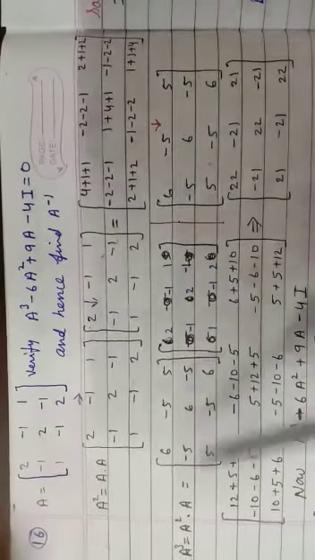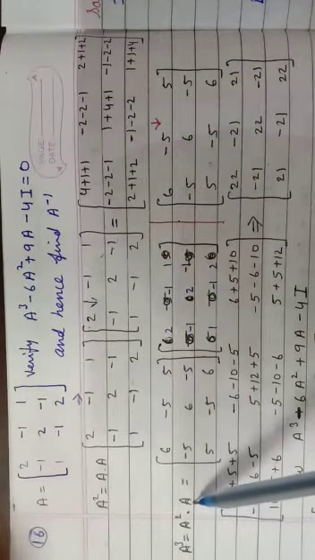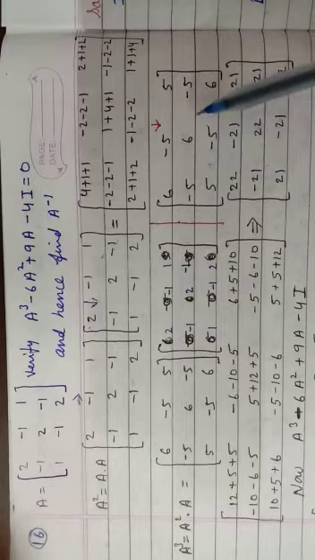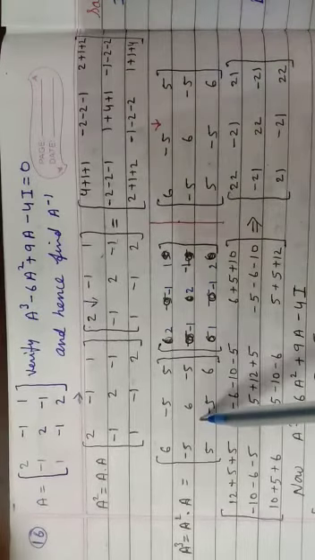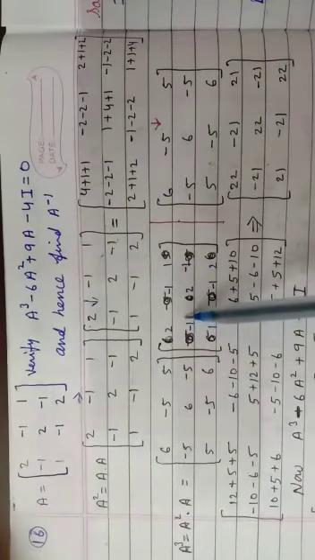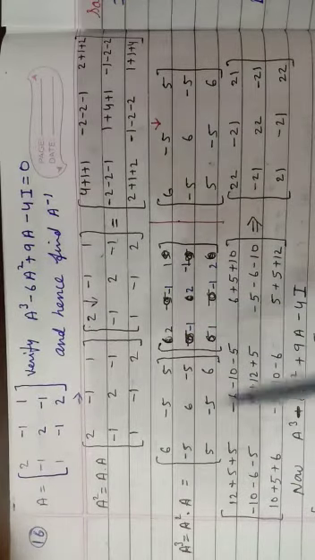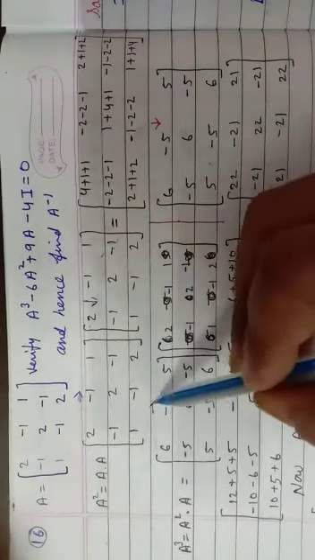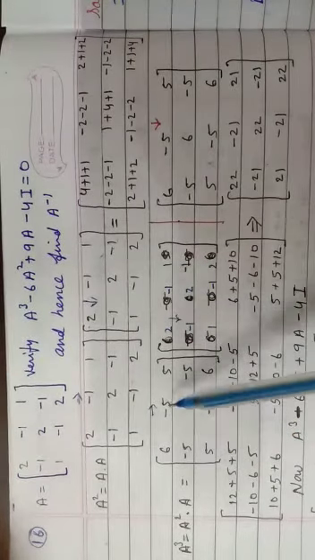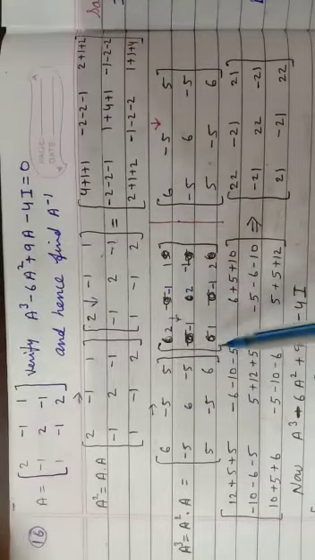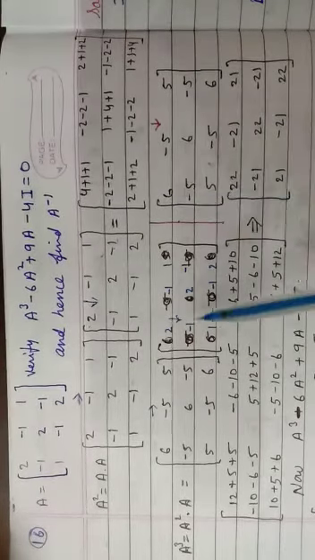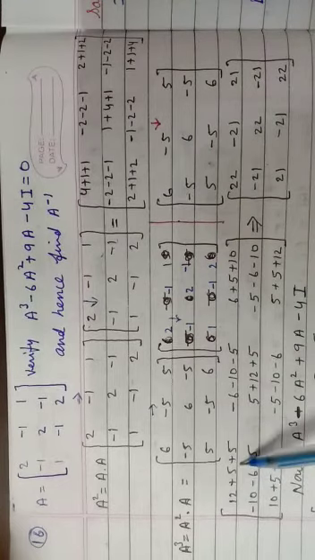Clear? Again, A cube means A square into A, with A square as you found earlier, right here, and then A is written here. Write all the elements of A. Again, row and column. 6 into 2 minus 5 into minus 1, 5 into 1. Clear? Then you will get the first element.